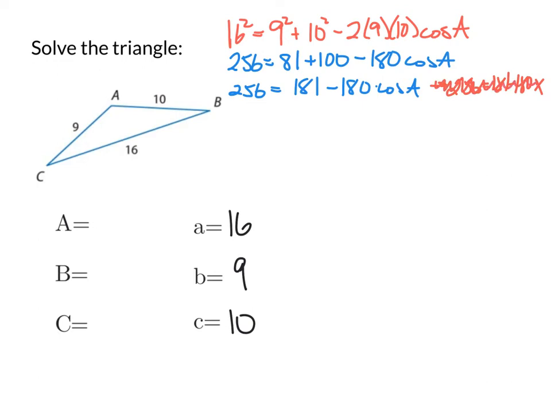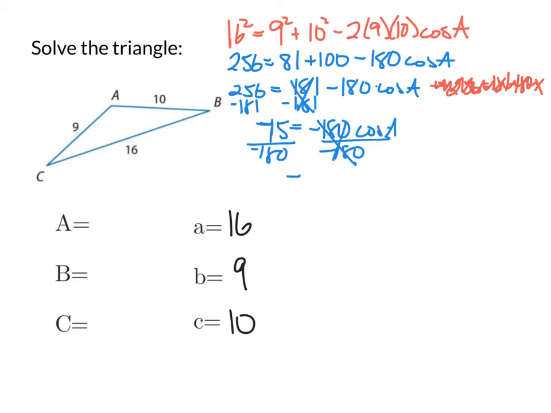Instead, what we want to do is solve this like we know how to do. Subtract 181 from both sides. So 75 is equal to negative 180 cosine of A. Then divide both sides by negative 180. 75 divided by negative 180 is negative 0.416 repeating.